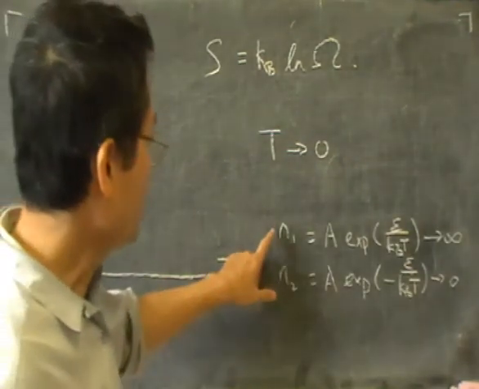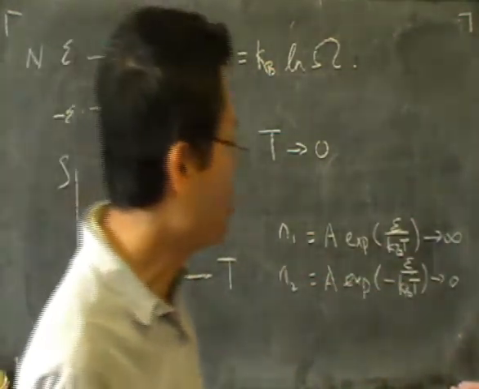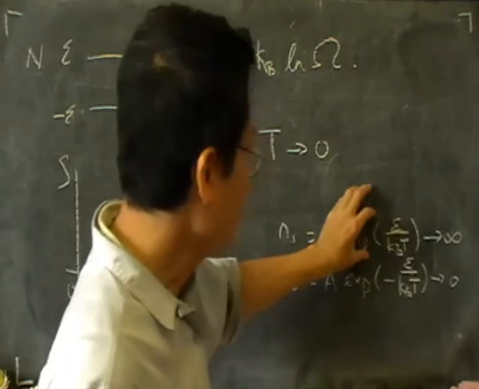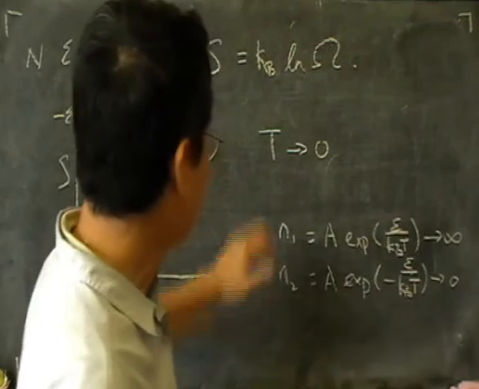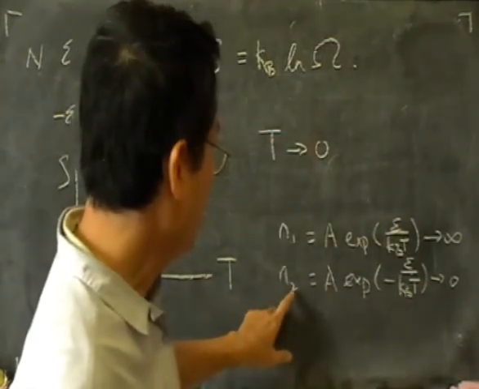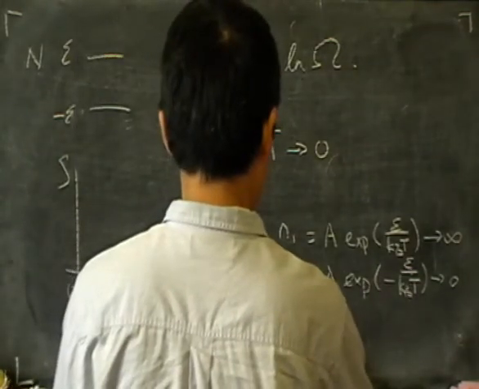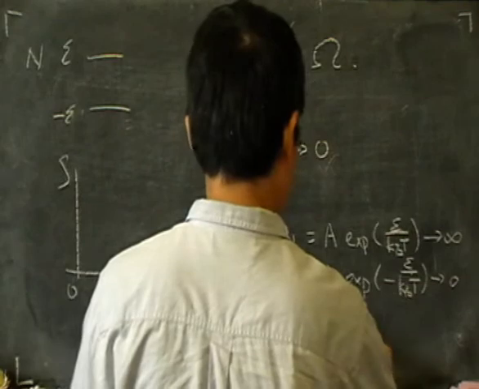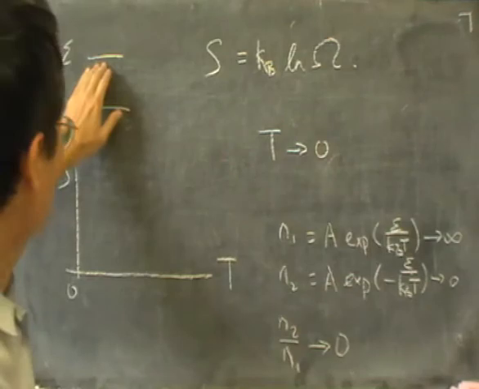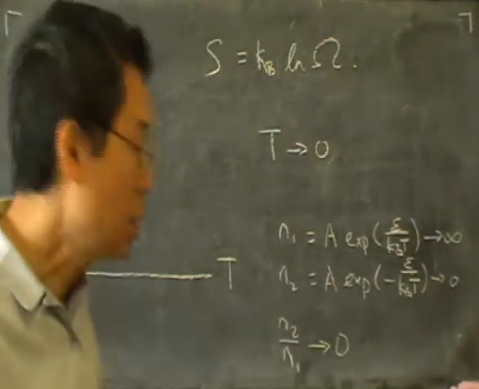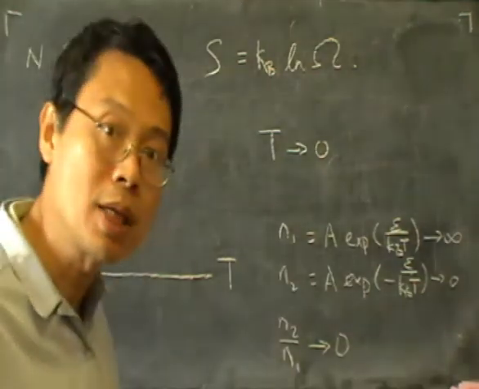So what this means is that we have to look at these two results as a mathematical ratio. So we have a ratio of a certain number to a certain number. Alright, the ratio of these two numbers. And as temperature goes to 0, the ratio of n2 to n1 goes to 0. So we should just look at this ratio and understand that the number of particles at the higher level goes to 0, and that means that all the particles go to the ground state.